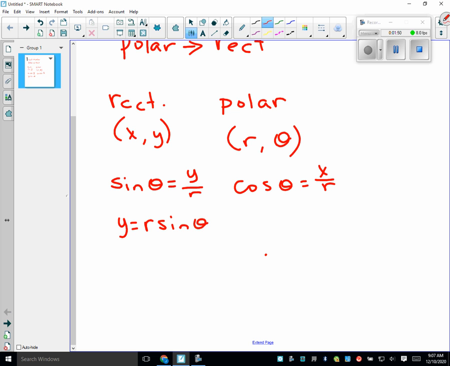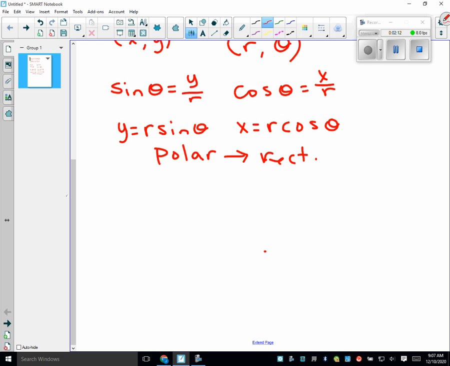And does x equal r cosine theta? So these two equations are what I use to go from polar to rectangular. Can I show you what I mean? That's nothing new to learn, is it? You already knew that.